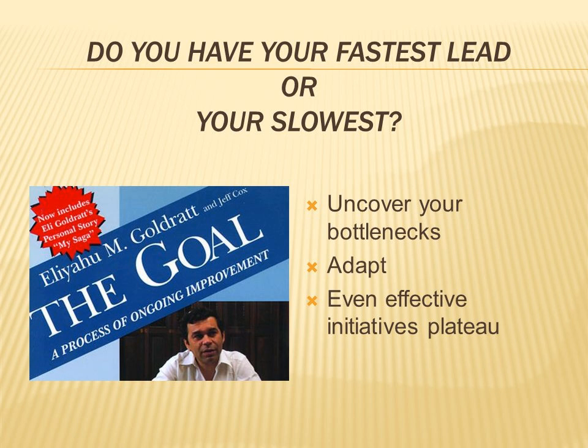So we had to figure out what we were doing. And why it says, do you have your fastest lead or your slowest, is because a lot of times we're so worried about how much momentum we have that we just keep going, and so we have the fastest thing out there, and that's great, but the stuff that you're working on that wasn't working gets farther and farther behind. And so you actually need to flip it and put your slowest in front. This comes from a Boy Scout troop, and you'll read about it in the book if you read the book.